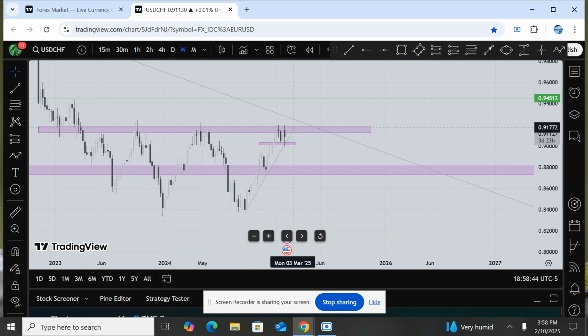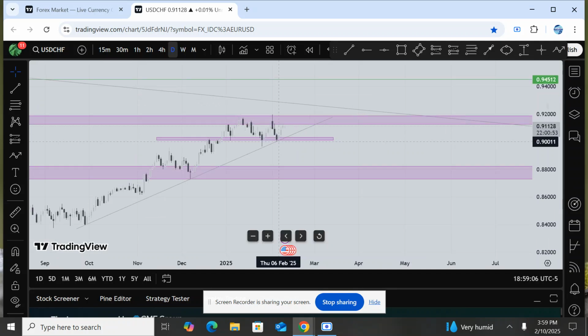We then want to wait and see. The market has already attacked our zone here, came down. I then draw a minor support right about here to see what USD CHF is going to do next. So move over to the daily time frame.